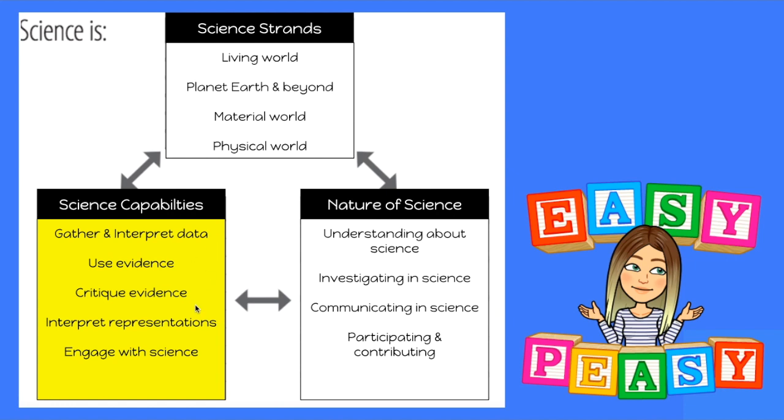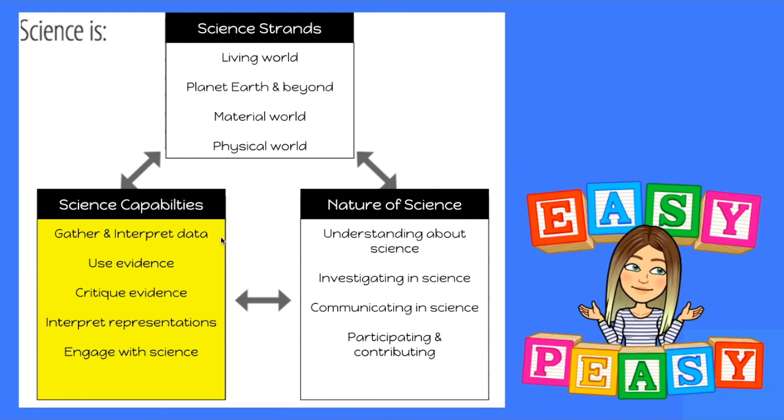The behaviours and skills that help us to act and interact with the world that we live in using the things that we know are our science capabilities. There are 5 of them in the curriculum. They're the newest addition to our New Zealand science curriculum.